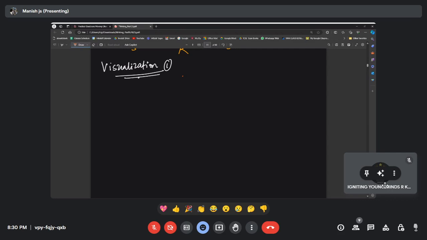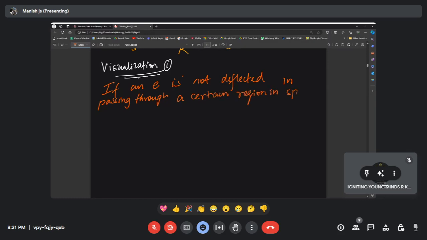So first visualization. Say, if an electron is not deflected in passing through a certain region in space, now I'm asking a question.